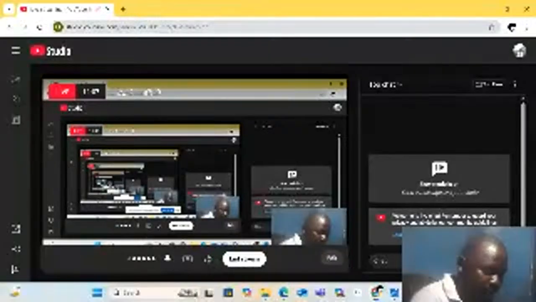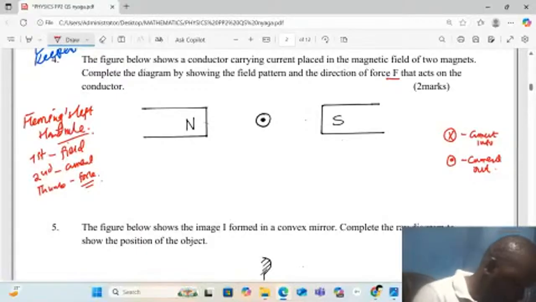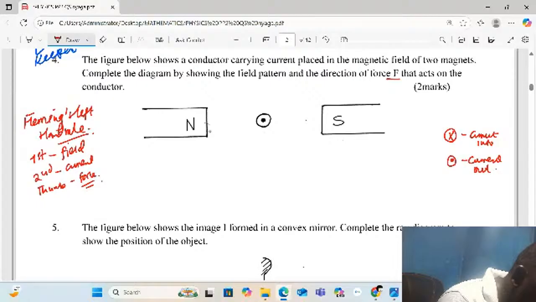Now my fingers match what is on the diagram: current out, direction of the field, and the resultant force. Back to the paper, the direction of the field will be from North Pole towards the South Pole.